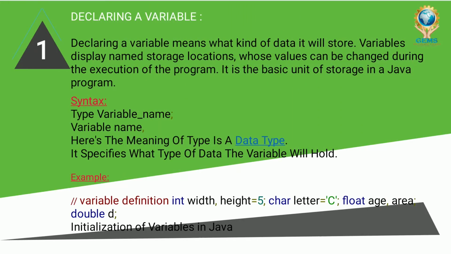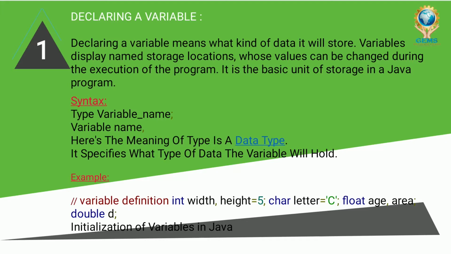Declaring a variable means deciding what kind of data it will store. Variables are named storage locations whose values can be changed during the execution of the program. It is the basic unit of storage in a Java program.